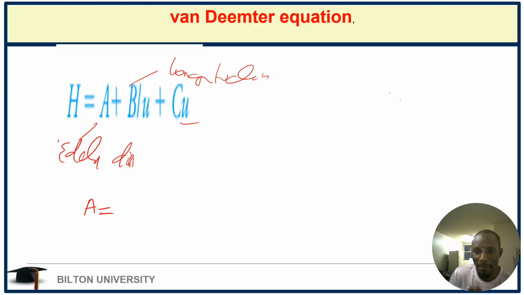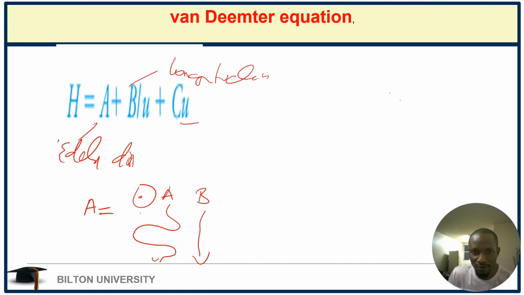A is the multiple path term, or eddy diffusion. So imagine here is a column. Let's say we have particle A and particle B. A is going to move like this, meandering, while B is simply moving straight. So B has a lesser path, unlike A. You'll find that A is meandering around, taking more time.